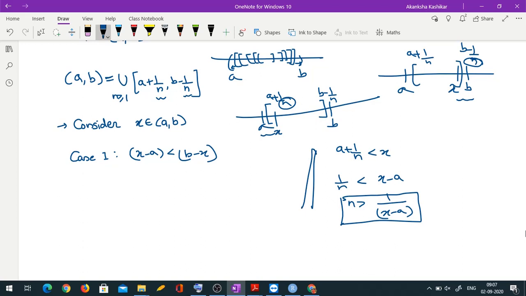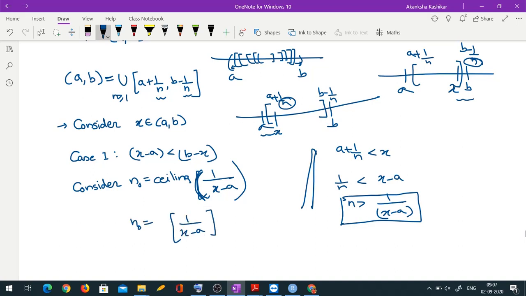My formal proof is here. So consider n naught, which is the ceiling of 1 upon x minus A. What do I mean by ceiling? Actually, I am writing in terms of R command. If I want to write in mathematical terms, it would be the integer part of 1 upon x minus A, plus 1.